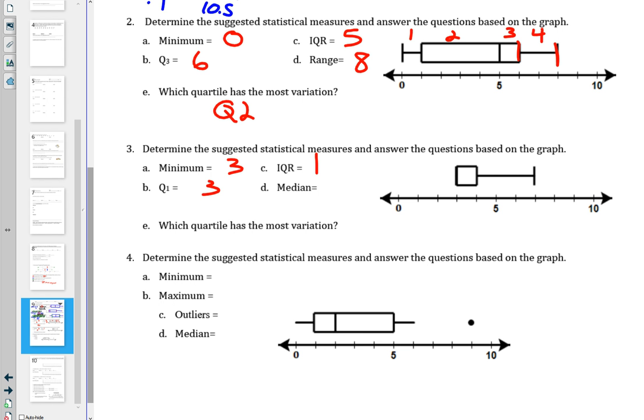I could be wrong on this, but my interpretation is that the median also happens to be at 3. There's so many threes, so the 3 is not only the minimum, it's not only Q1, but it's also the median. Just a bunch of threes. Which quartile here would then have the most variation?